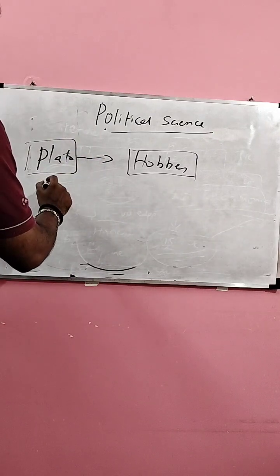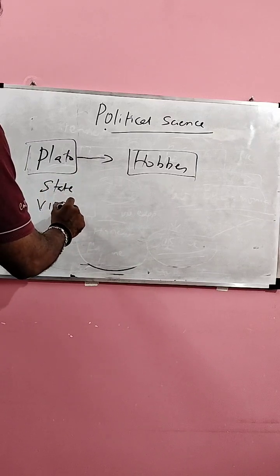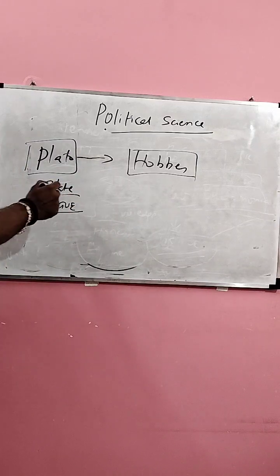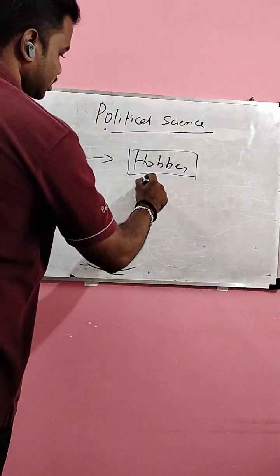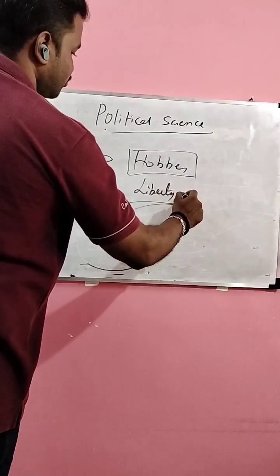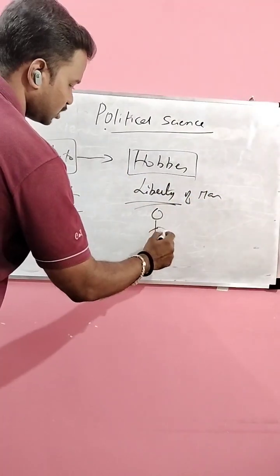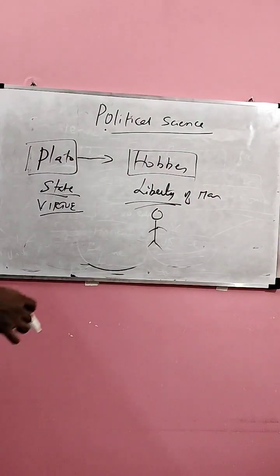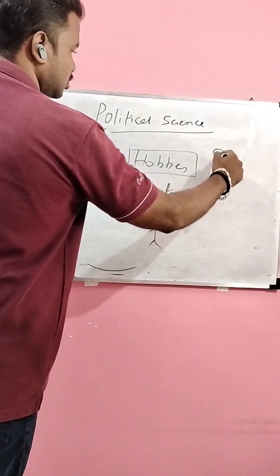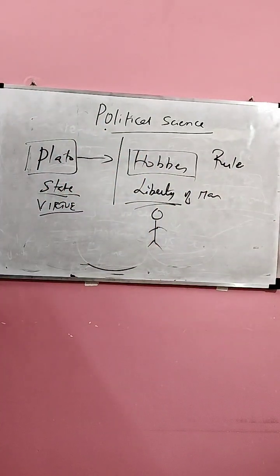When Plato was giving importance to state and virtue, Hobbes was giving importance to the liberty of man. Man was seen here.